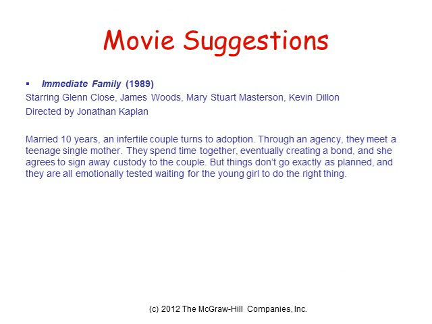For those of you interested in viewing a movie related to this lecture and this chapter, you can find this movie at probably any local rental store. Immediate Family was filmed in 1989, starring Glenn Close and James Woods, and it's about a couple married 10 years who are infertile. They turn to adoption. Through an agency, they meet a teenage single mother.